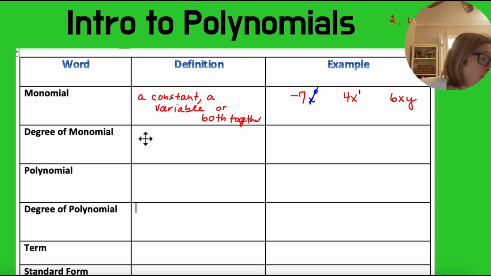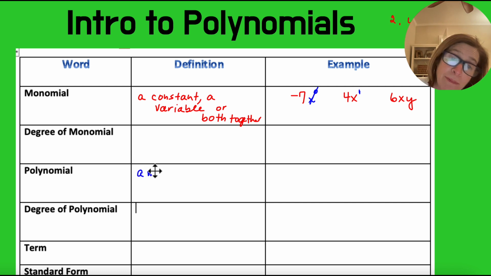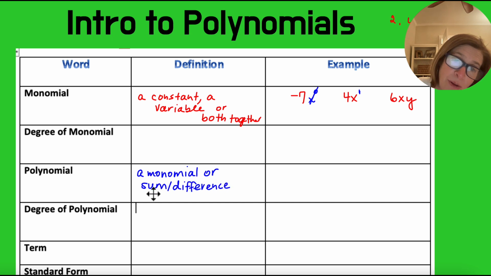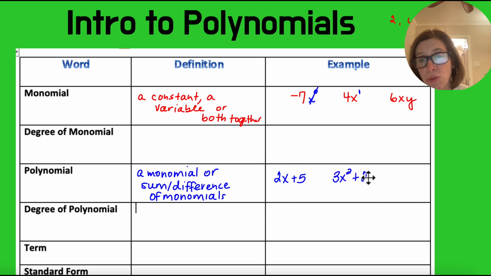So a polynomial, that's something that we really want to think about, okay? The actual definition is a monomial or the sum or difference of monomials. So something like 2x plus 5, that's a polynomial. 3x squared plus 2x plus 5, that's a polynomial.